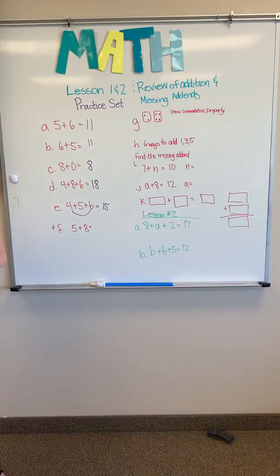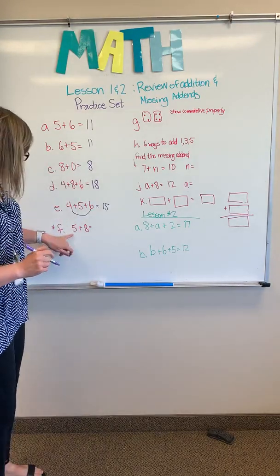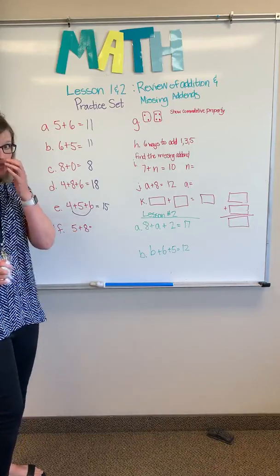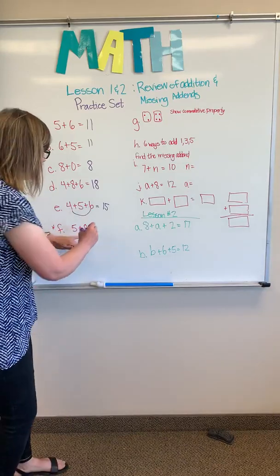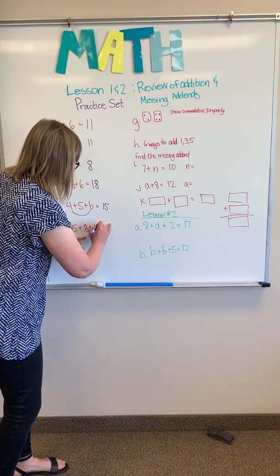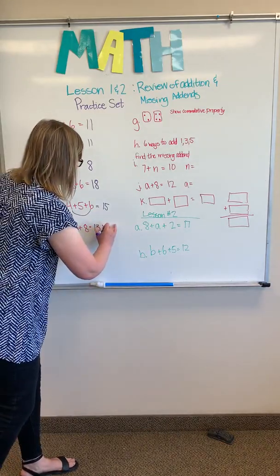She ran 8 laps in the afternoon. How many laps did Dana run in total? So we have 5 in the morning, 8 in the afternoon. This is the number sentence that they want you to create. And we're gonna finish off our number sentence with the number 13. So she ran 13, and we're gonna label it laps.